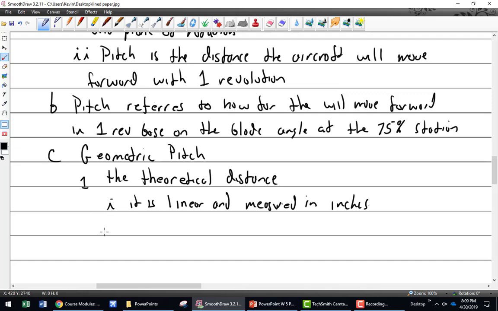Geometric pitch is equal to 2 pi times r times tangent of blade angle.